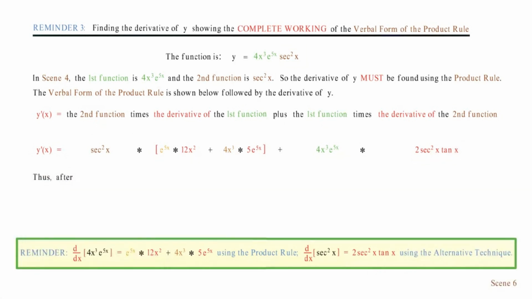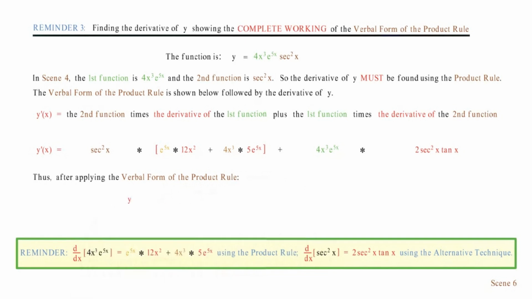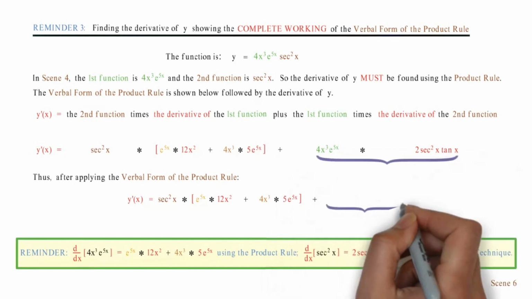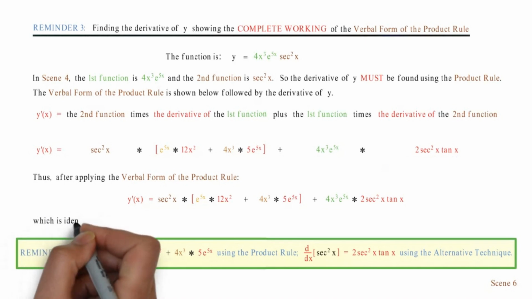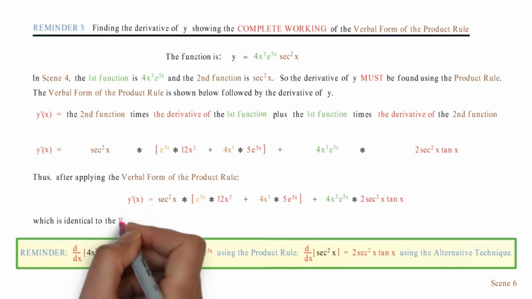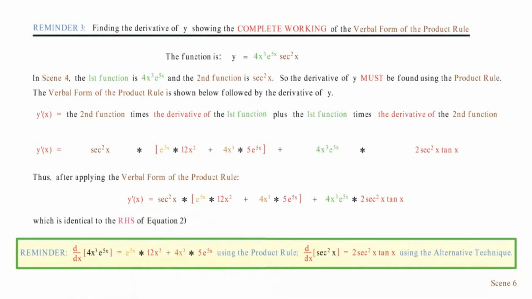Thus, after applying the verbal form of the product rule, y dash of x equals bring down, bring down, bring down, which is identical to the right-hand side of equation 2.